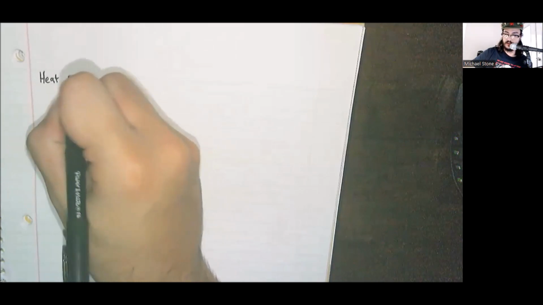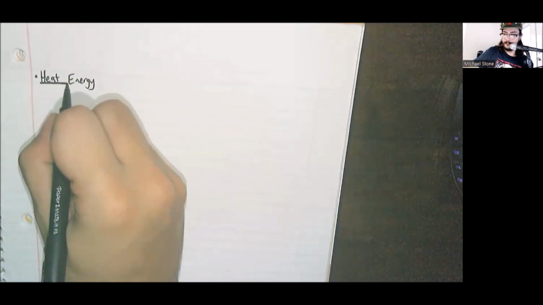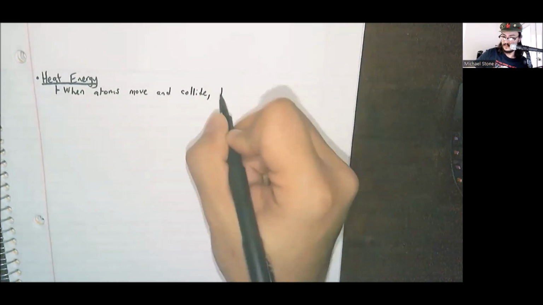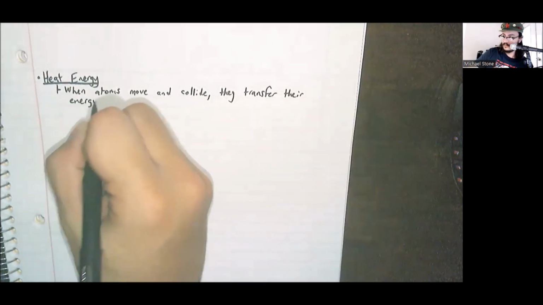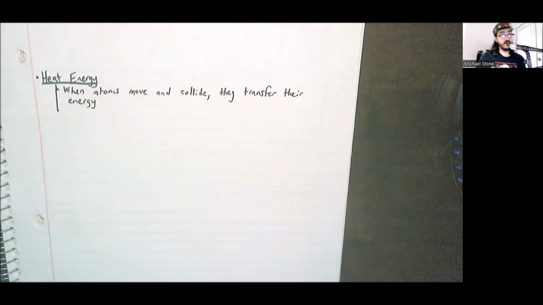But temperature is not the only thing at work here. We also have heat energy to concern ourselves with. The idea behind heat energy is that when atoms move and collide, they transfer their energy. Now, particles move more in a hot object.